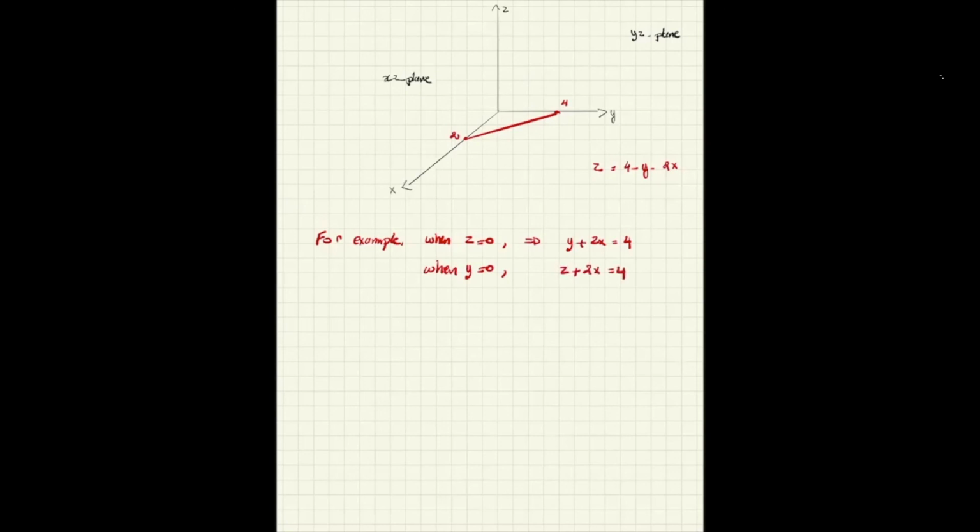So once again, when z is equal to 0, x is equal to 2. Okay, so the plane goes through this point here. And when x is equal to 0, z is equal to 4. So we have 4 here. So it's a line that goes through these 2 points, right?